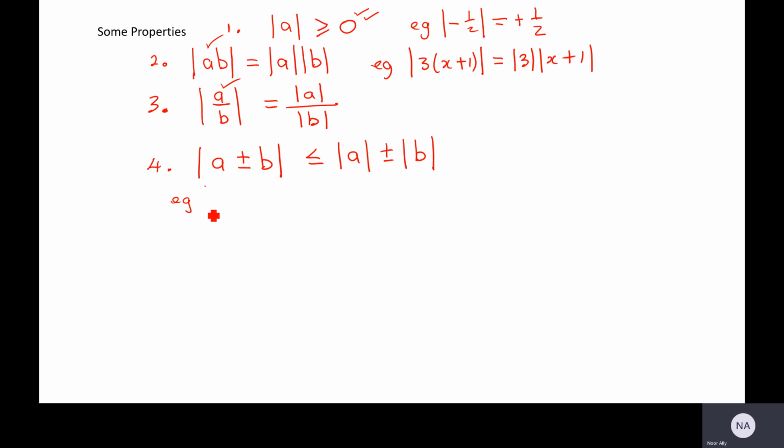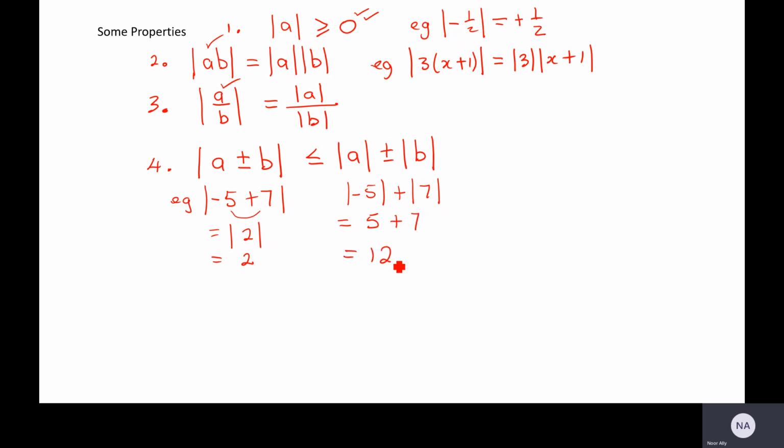If I tell you the absolute value of minus 5 plus 7, okay? If you go between the absolute value sign first and you add minus 5 plus 7, that's going to give you 2, and the absolute value of 2 is 2. But now let's split them. The absolute value of minus 5 plus the absolute value of 7. Now the absolute value of minus 5 is 5. The absolute value of 7 is 7.